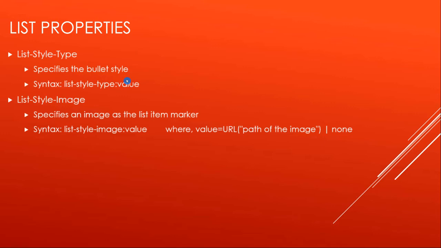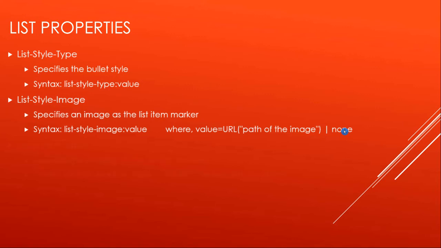For that the syntax is list-style-image colon value. In the place of value you have to use the URL, the path of the image, which we have already learned in adding images. Same thing here, how to add the path for the image. And none means no image.